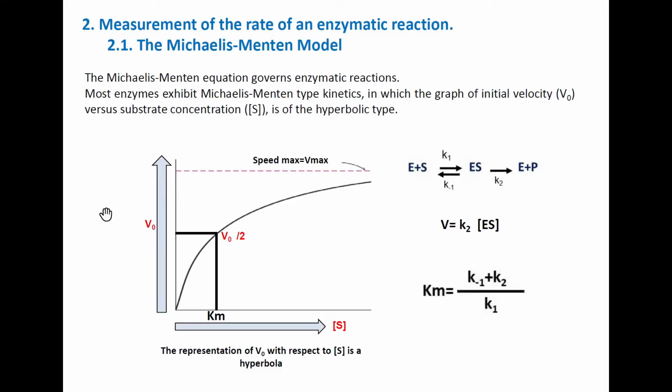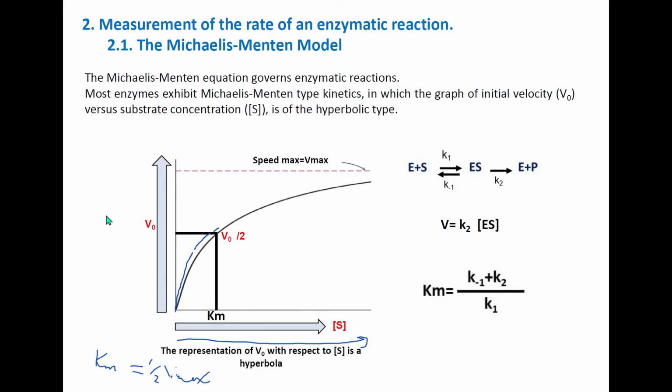V naught stands for the initial rate of the reaction. As the concentration of the substrate increases, the rate of the reaction will increase. At this stage, you have Km equals half Vmax.